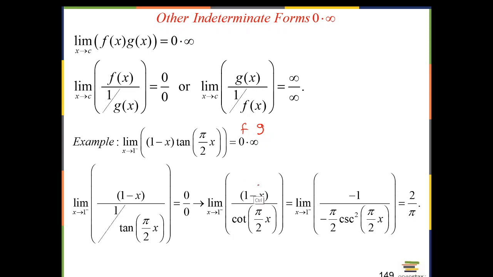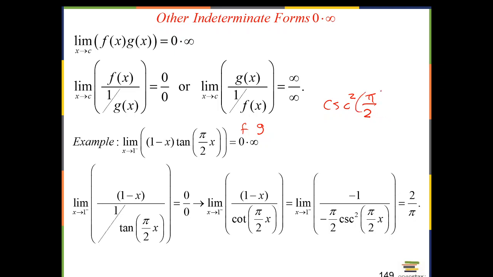What's the derivative of 1 minus x? Negative 1. What's the derivative of cotangent of something? Negative cosecant squared of something times the derivative of something, which is pi over 2. And now, if we substitute 1, well, what is cosecant squared of pi over 2 times 1?